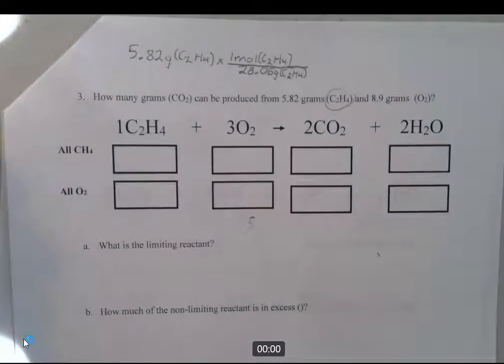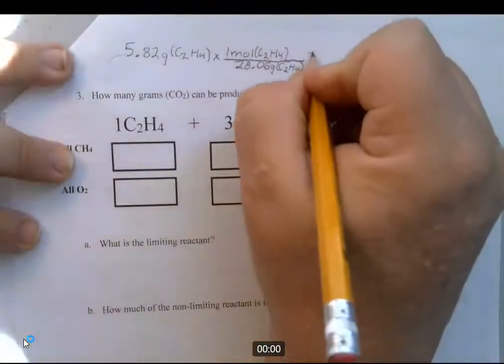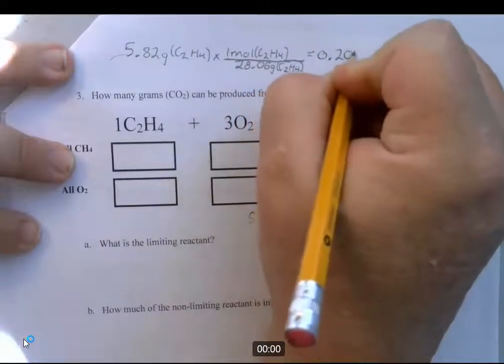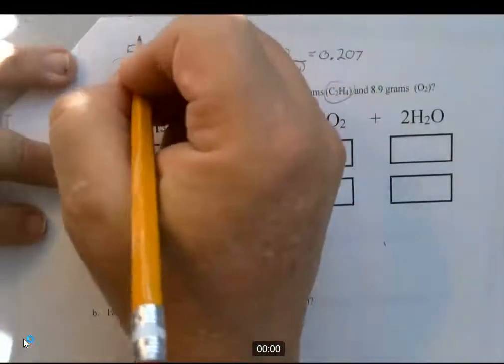And that's 0.207. We have 3 sig figs there, we'll go for that. I'll leave myself a lot of space. I'm going to have to go up above here.